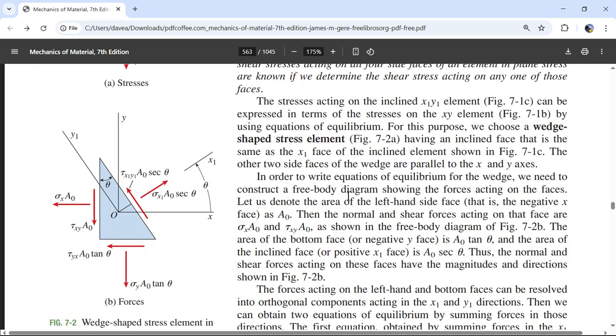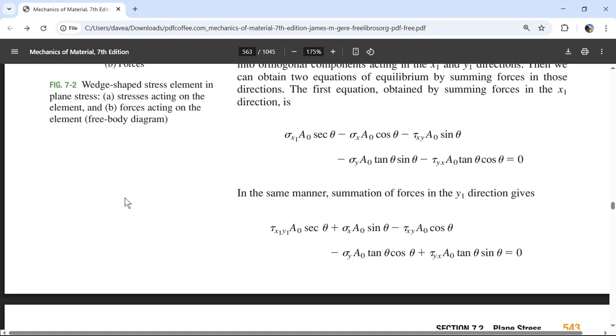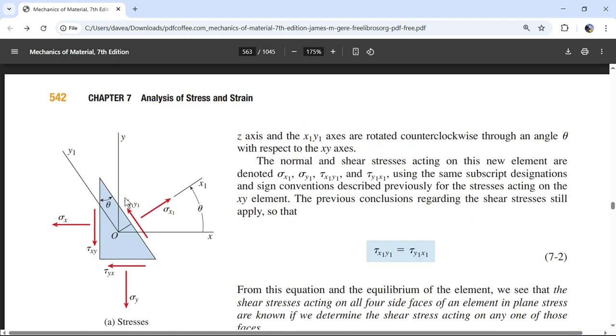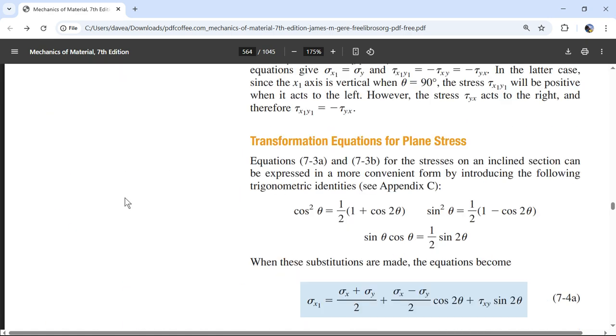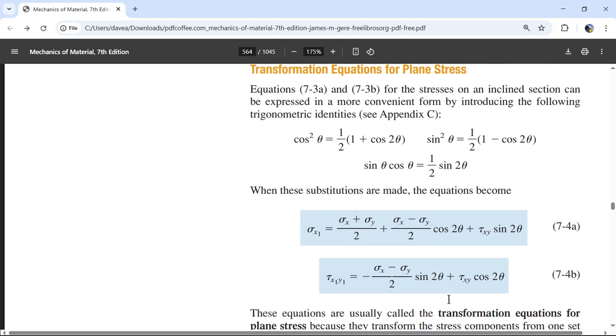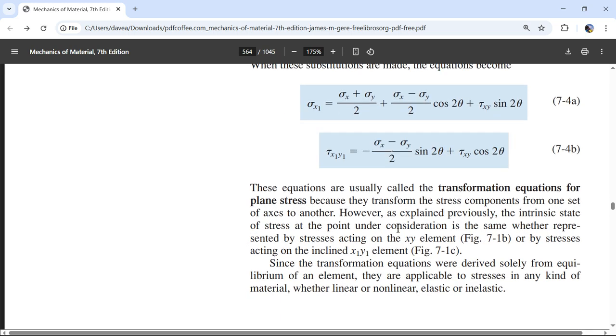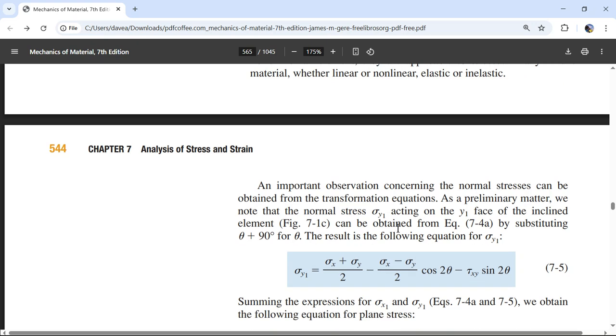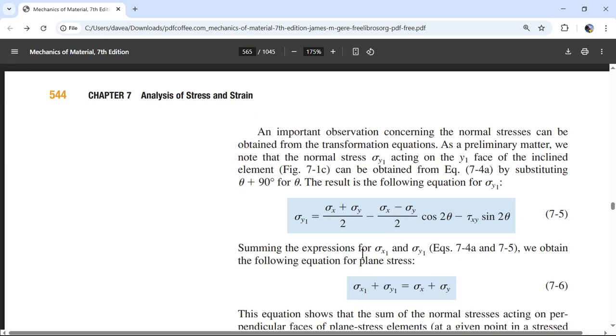I would need to make a cut in this direction, still with that same angle, and then solve for sigma y1. I would still use those trigonometric identities to simplify that, and I would get sigma y1, but I think there was a lot of hand-waving in that section.